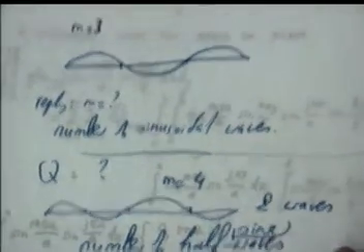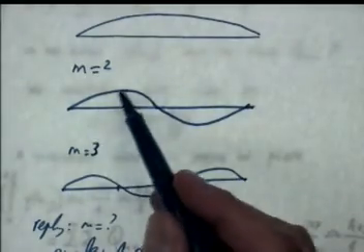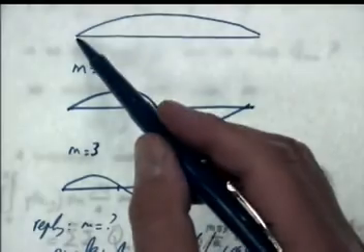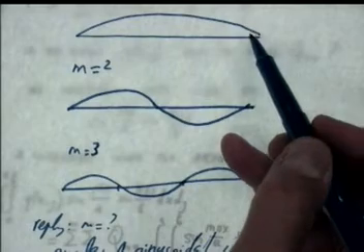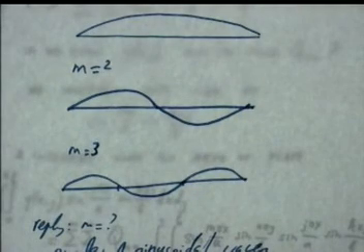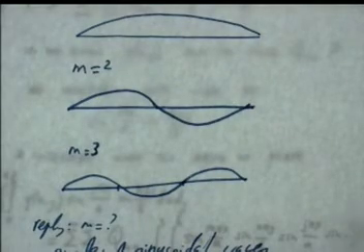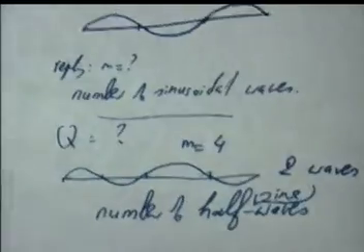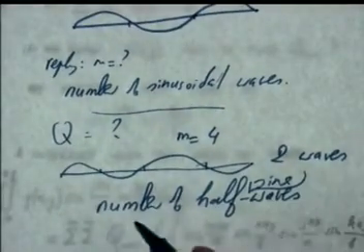Indeed, look please here. Here we have 2 halves. Here is 1 half. So M is number of sinusoidal half waves. It's correct. In x direction. Let us write down, in x direction.